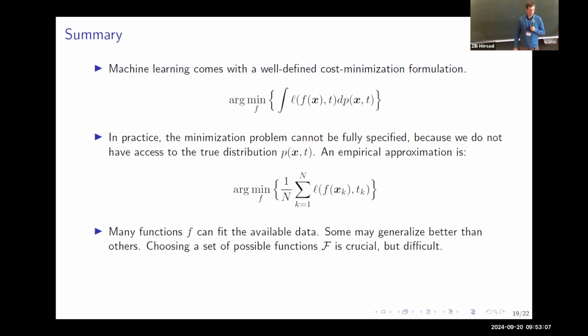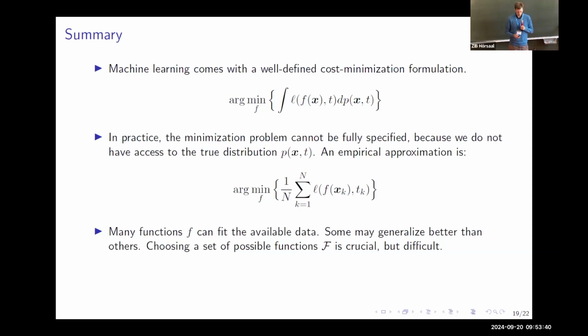But many functions can fit this objective perfectly, right? Some might generalize better than others. And what is really critical here is to choose a possible set of functions f, which will produce the desired generalization. But again, it might work in the context of IID data, but if you have spurious correlations, then it will not work well.